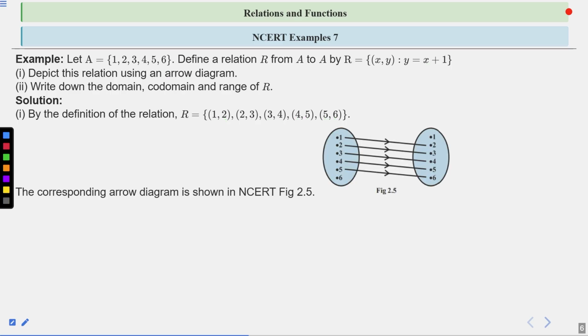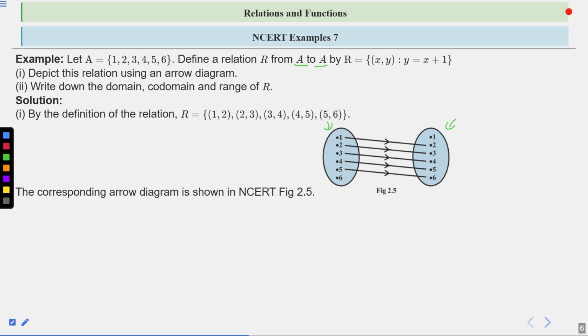Now, how will my arrow diagram look? Quite simple. What you have to do is simply make an oval shape, and inside it write all the elements of set A, and on the right hand side make another oval shape and write inside the elements of set A, because we are going from A to A itself.